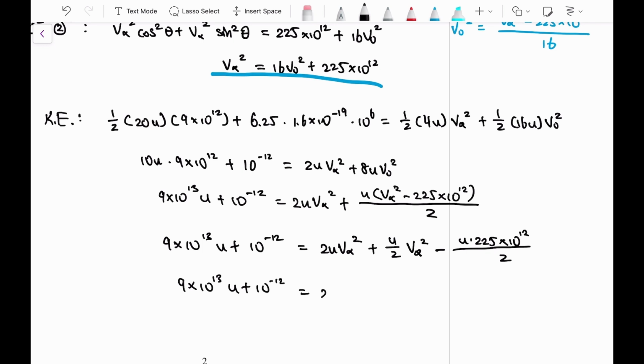Is equal to 2u. We can combine these two terms, which gives us 5 over 2 u V alpha squared minus 225 divided by 2.